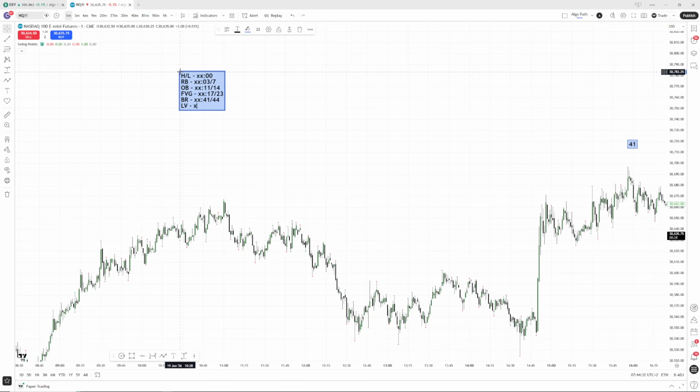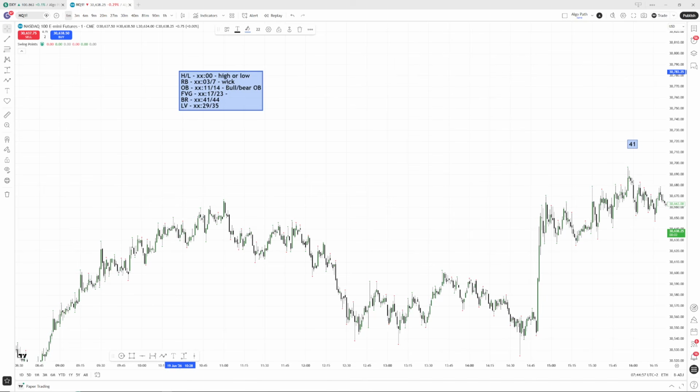Liquidity void, 29, 35. So all these have some functions. This will make a high or a low. This will make a wick, which is a rejection block. So once the wick is retested, you can get in. This will make either a bullish or a bearish order block.